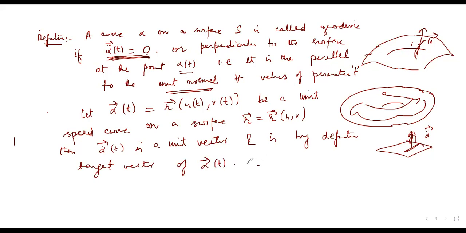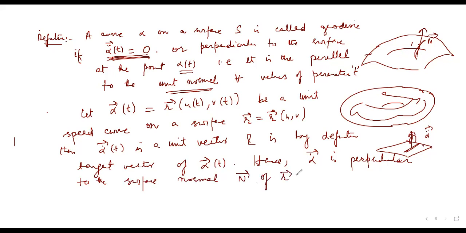Hence alpha dot is perpendicular to the surface normal capital N of the surface r at (u, v), because it lies in the tangent plane.